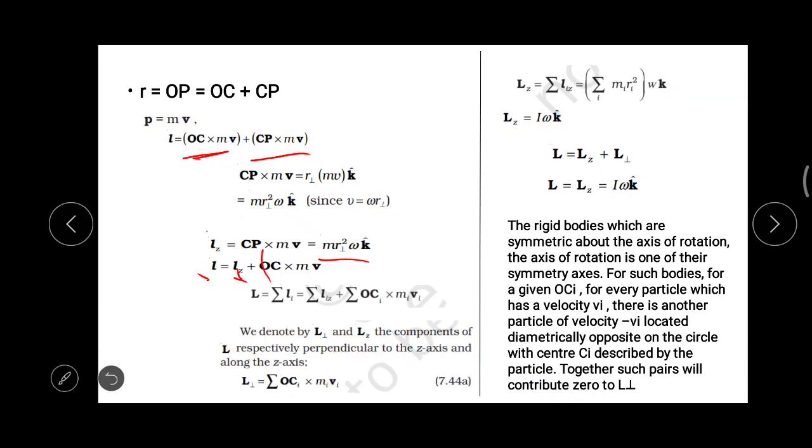Suppose we are considering n number of particles, the total angular momentum, summation of Li, is equal to summation of Liz, which is the CP cross mv term, plus OCi cross mi vi.